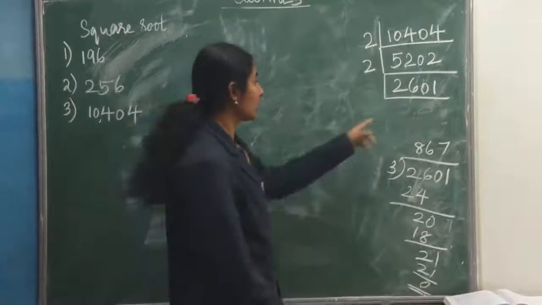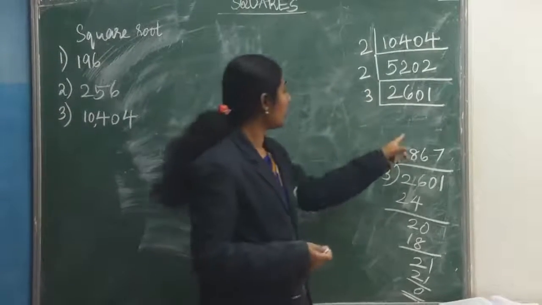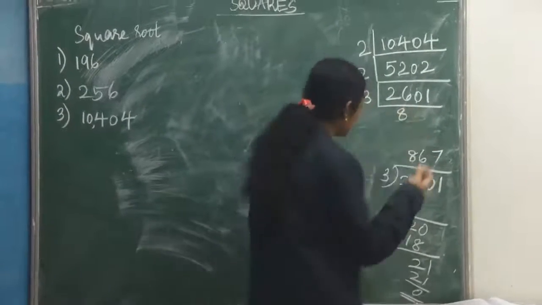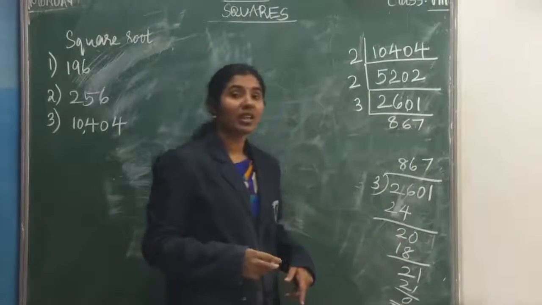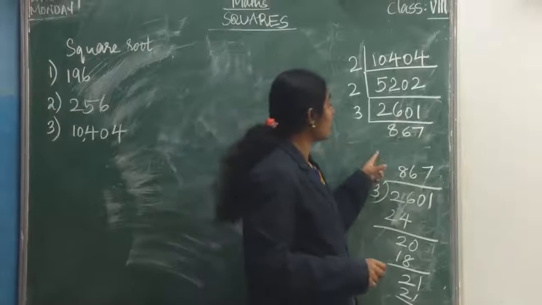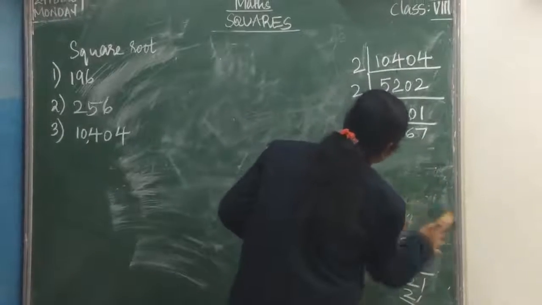So what does that mean? This number you can divide by 3. So what will you get as the answer? 867. Again see, can you divide this number by 3 or not?